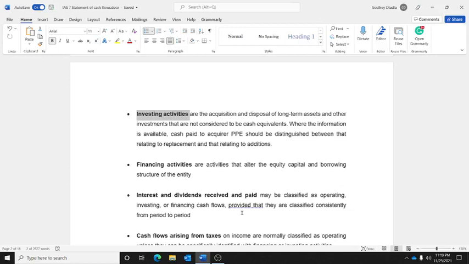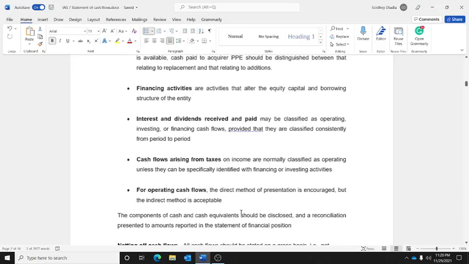Financing activities are activities that alter the equity, capital, and borrowing. So in short, it is what you use to finance the investing activities most of the time. Right. Interest and dividends received and paid may be classified as operating, investing, or financing cash flows, provided that they are classified consistently from period to period.